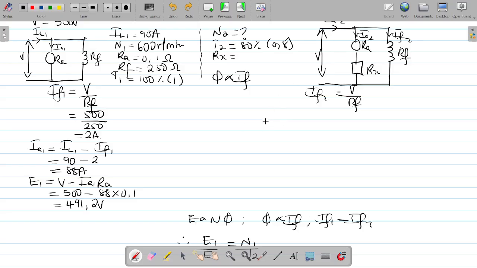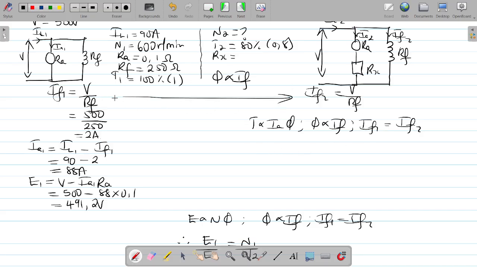To find our IA2, we'll use the formula for torque. You'll say torque is proportional to armature current and flux. They told us flux is proportional to the field. We have discovered that IF1 is the same as IF2. We did this comparison earlier on. So thus we'll just say T1 over T2 equals IA1 over IA2. We are looking for IA2. You can make it the subject.